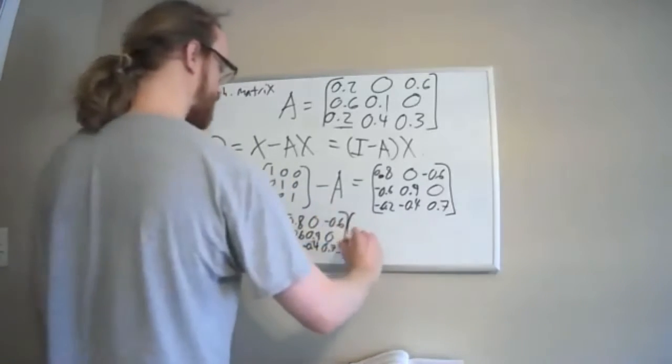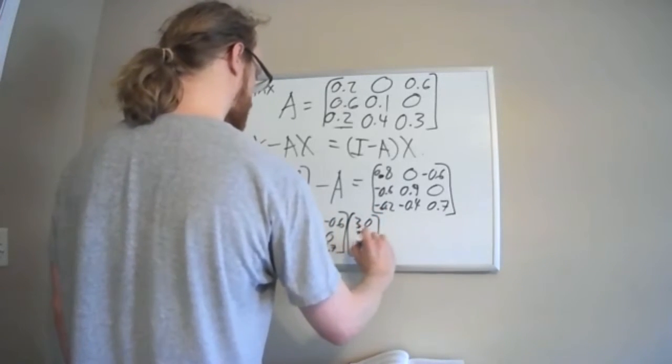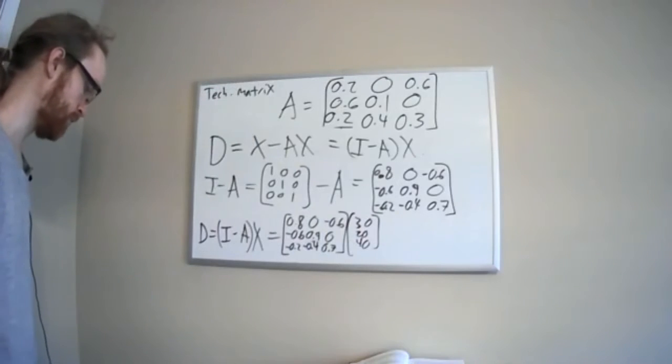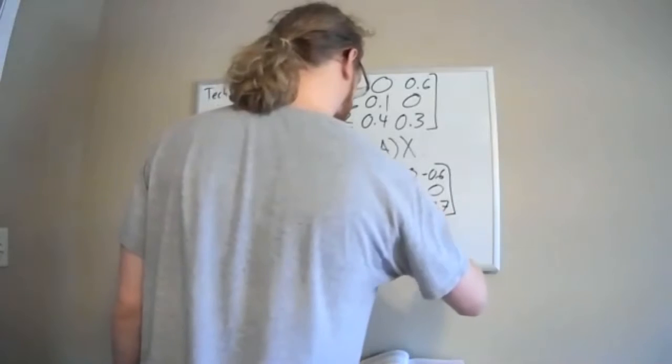And then I need to multiply it by x, which we just had was 30, 20, 40. All right, that's our given x that we were given in the problem. So what I would need to do is multiply this out and find out what the answer is.